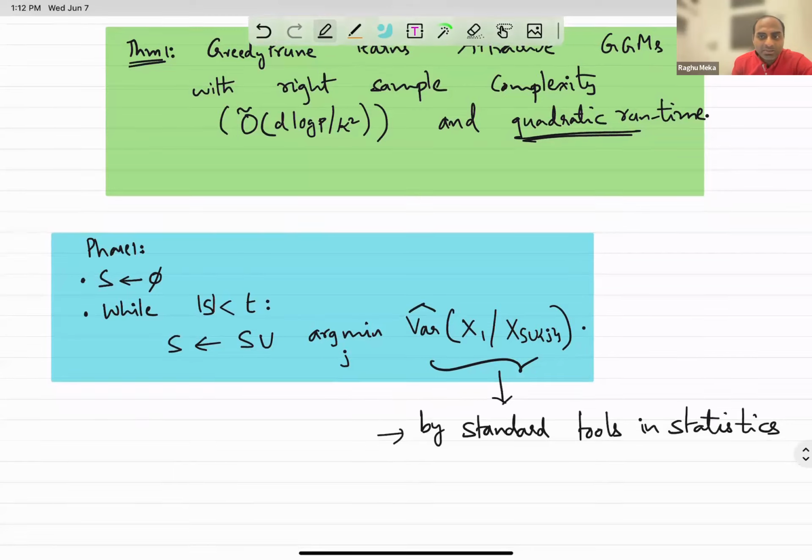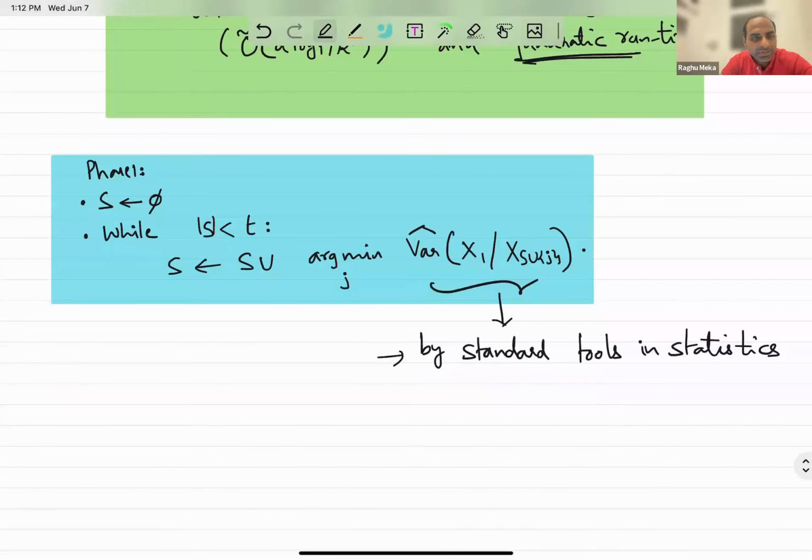You can estimate conditional variances essentially by solving a limited least squares regression problem, and the runtime here is O of size of S. As long as the size of S isn't too big, you can do least squares regression to figure out the conditional variance.